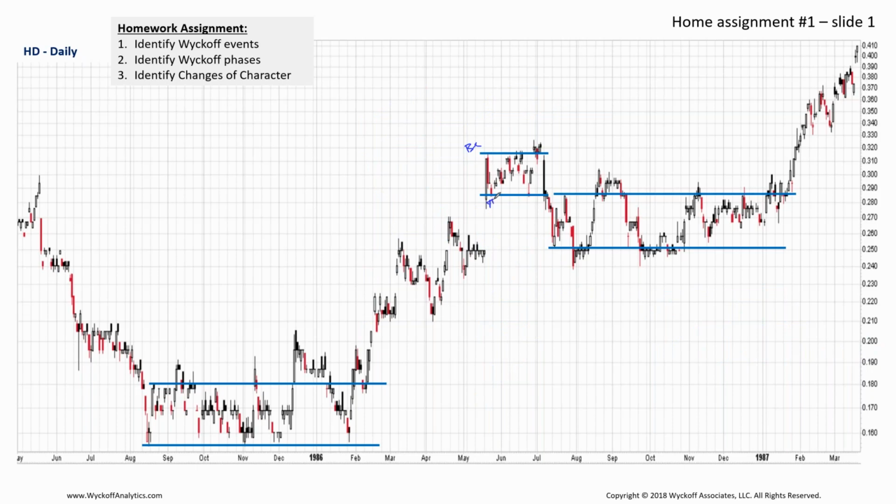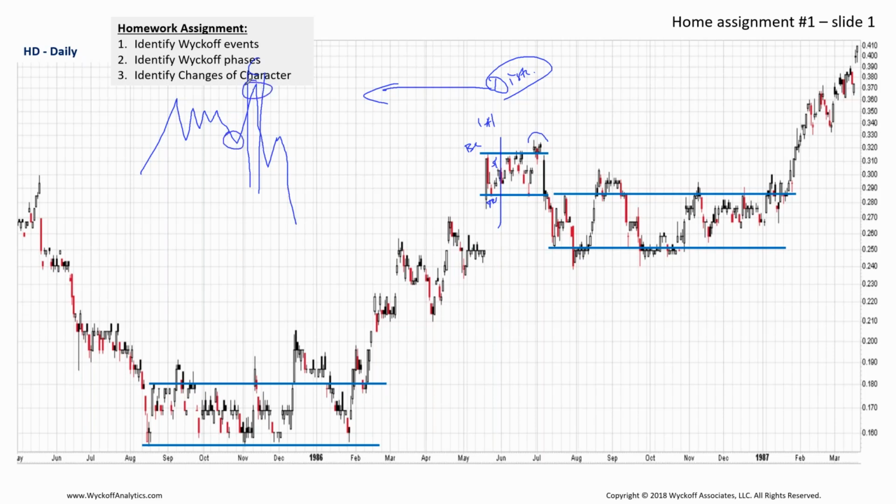So buying climax, automatic rally, secondary test: our phase A is defined. What is the next phase that could be easily identified right away? Phase C, where the price comes and tests the support level. Hold on a second, we are discussing a distribution, right? With a distribution, we're going to have this type of schematic where phase C is not at the low, but at the high.